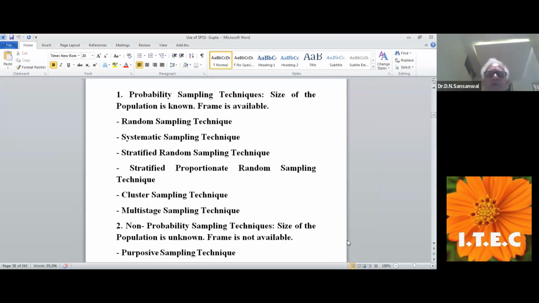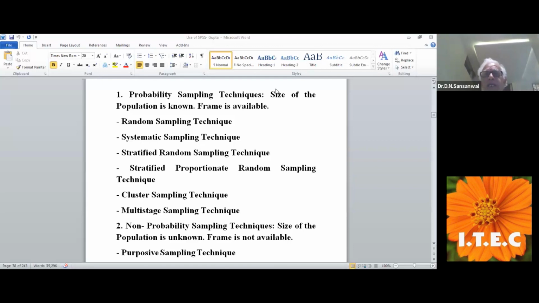Now, if I proceed further, yesterday I explained to you some of the technical terms like universe, population, sample, frame, and sampling. And then I explained the sampling procedure.